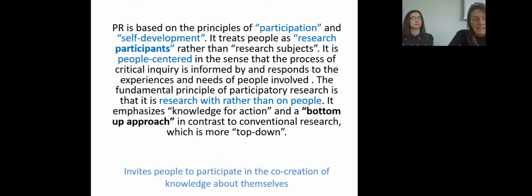And this can be thinking about the best way of researching a topic. So participatory research methods might involve participants in the actual research design. It might involve participants crafting the overarching research questions.